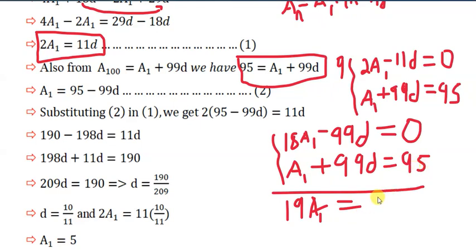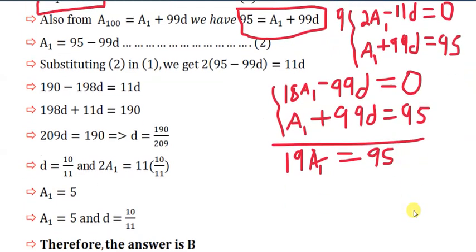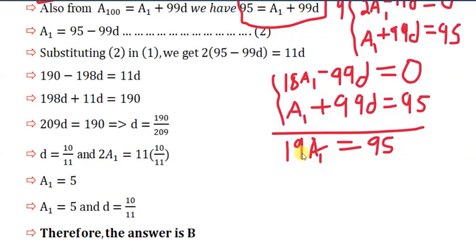Then divide both sides by 19. It gives us a1 is equal to 95 divided by 19. This gives us 5.